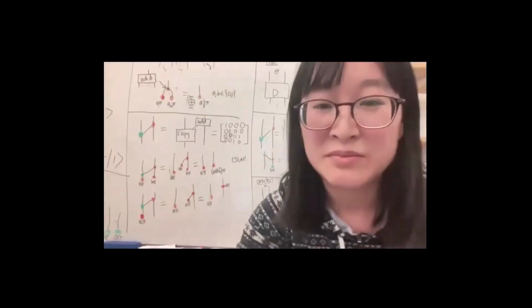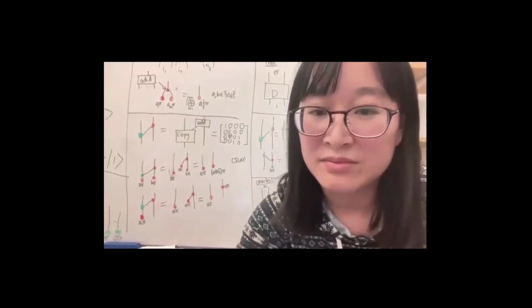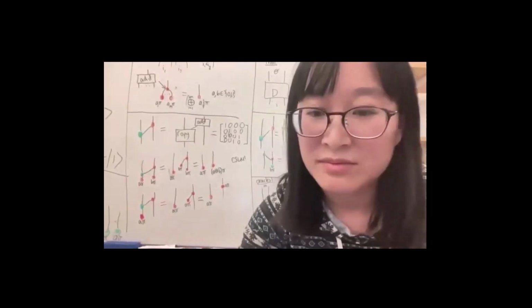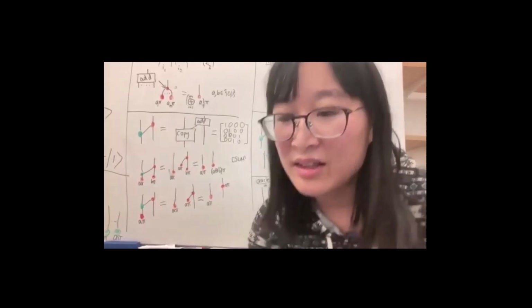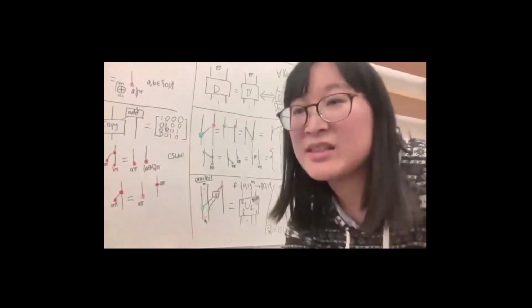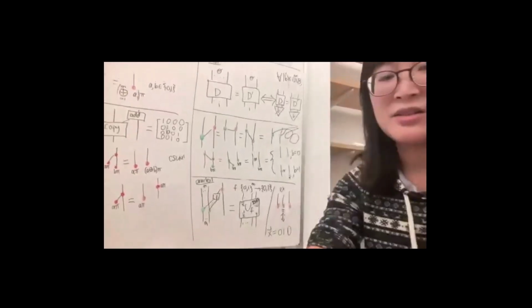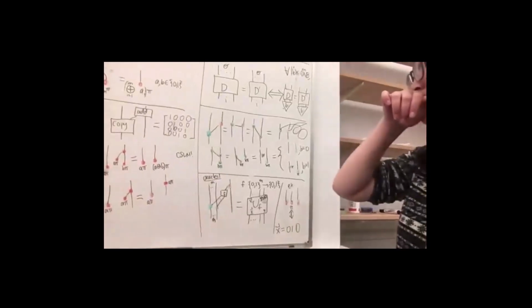Yeah, I think I have a question in the chat. The question on the chat is asking if I flipped the qubits. This was a while back, so I'm not sure which part.